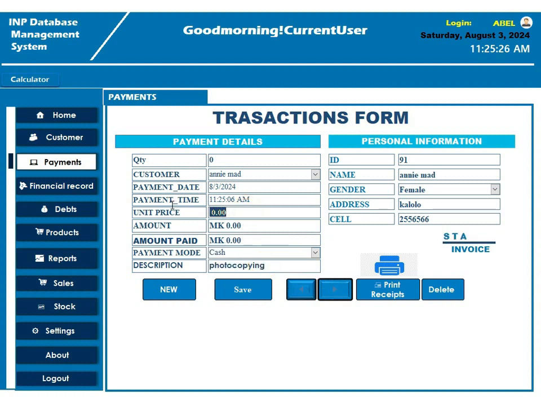Unit price, let's say 100. Then quantity, that's 5. So you also see that it has calculated. You save.